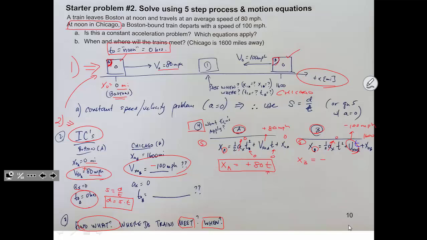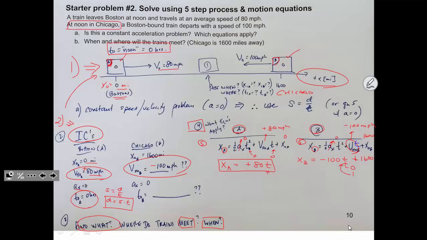So if I were to use the same time frame for the Chicago train, if I were to put a time 0 in here, at time 0 in Boston, the Chicago train hasn't left yet, and so it shouldn't be moving yet. It should actually be at time 1, when I plug a time 1 in here, that we get our 1,600 miles, because it hasn't moved anything yet. At time 2, we should have moved for 1 hour, and we should have subtracted 100 miles off of that, and so on and so forth.